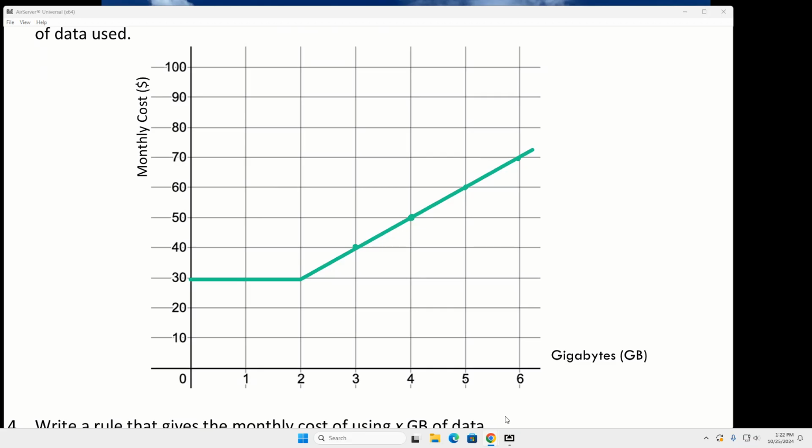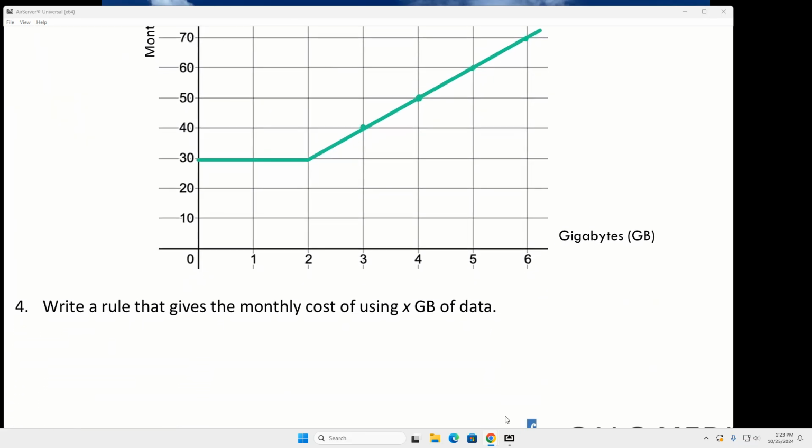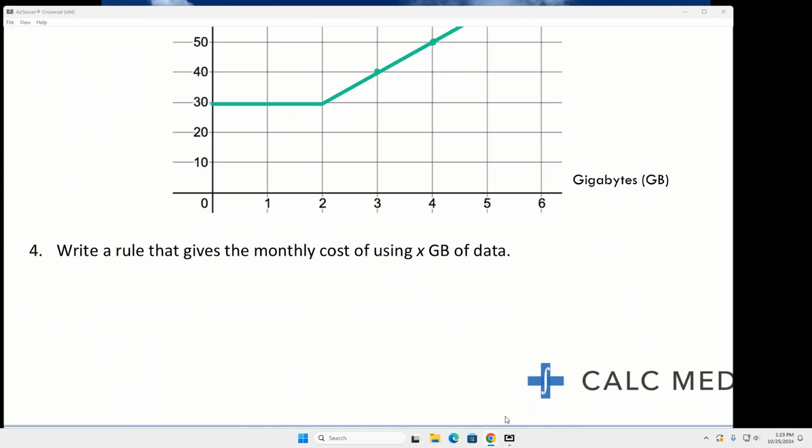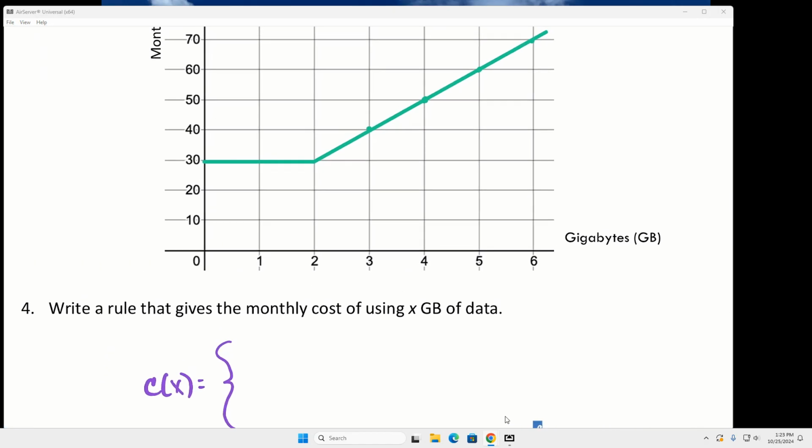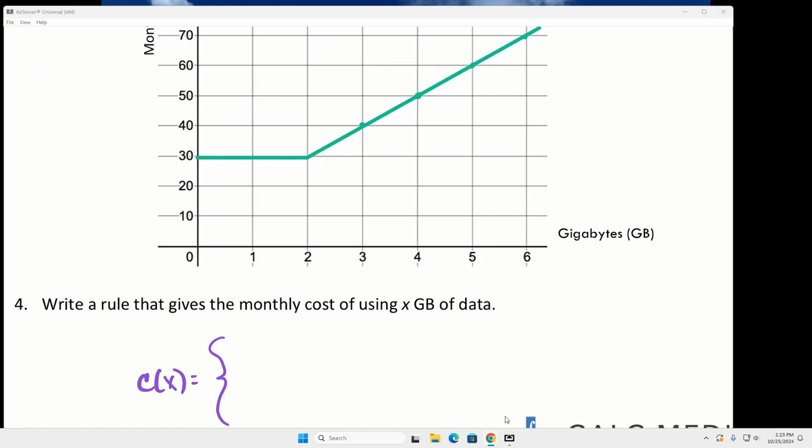All right, and then for number 4, we're going to write a rule that gives the monthly cost. This is the one part I wasn't sure if you would just remember from Algebra 1. So we're going to call it C for cost, I guess. We can call it whatever you want to. And this is what's called a piecewise function.